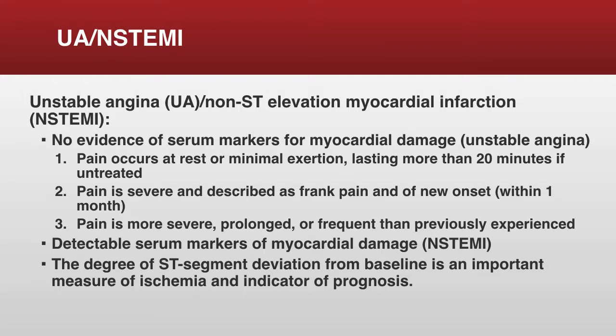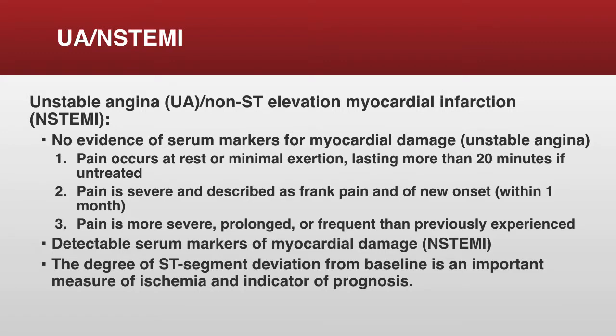Or the pain is severe and it's described as frank pain and of a new onset. Usually we'd say it's of a new onset, that it's within a month that they've started having this pain. Or the pain is more severe, it's prolonged, or more frequent than previously experienced.